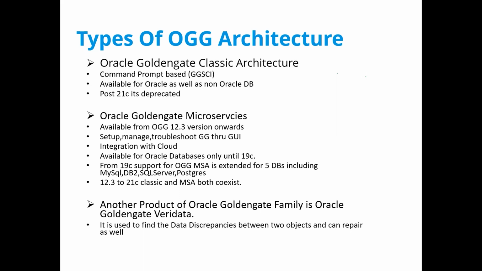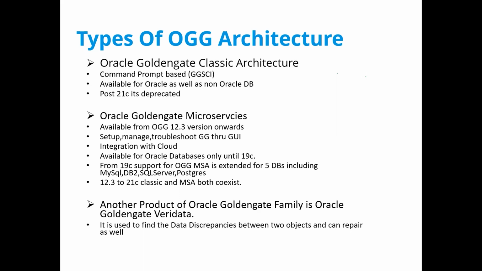Now, in 2017, when the existing architecture was renamed to Oracle Golden Gate Classic Architecture, they launched a new architecture of Golden Gate, which is called microservices architecture. Microservices architecture was introduced in Golden Gate version 12.3, so this is available from 12.3 onwards. It allows you to set up, manage, troubleshoot, and configure Golden Gate through a GUI as well.